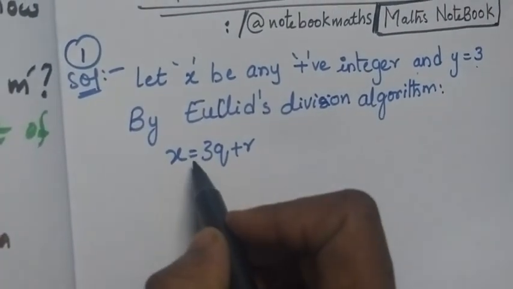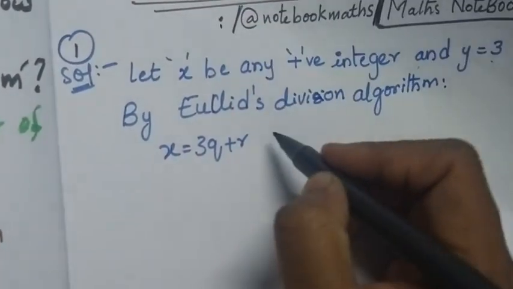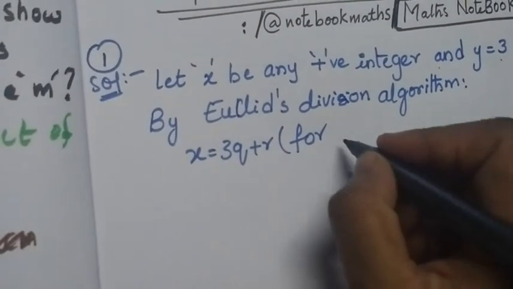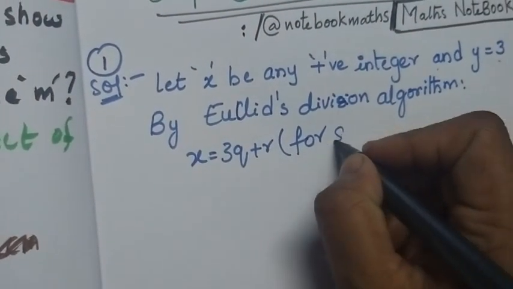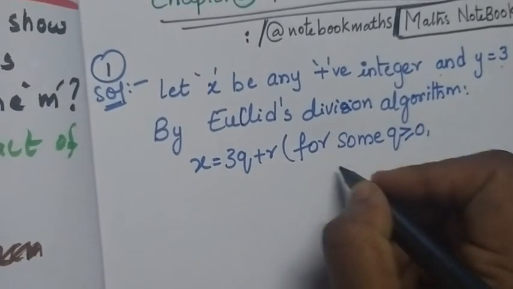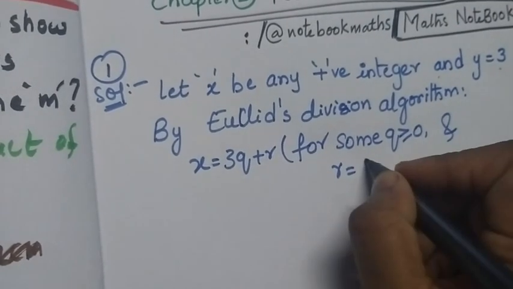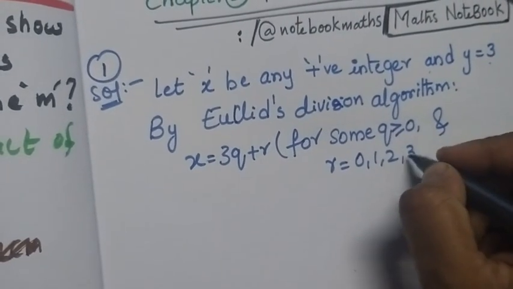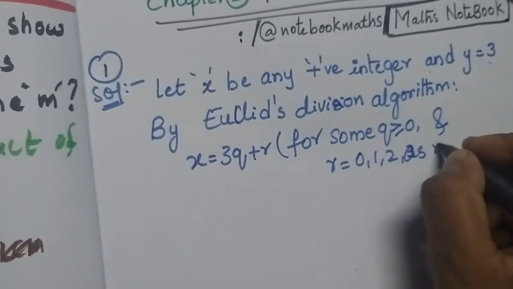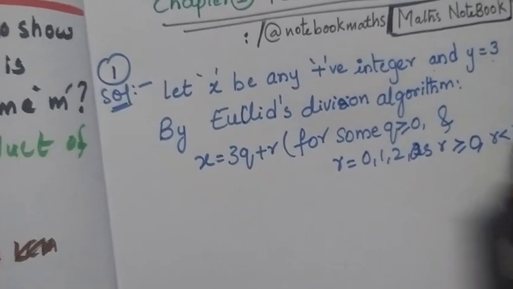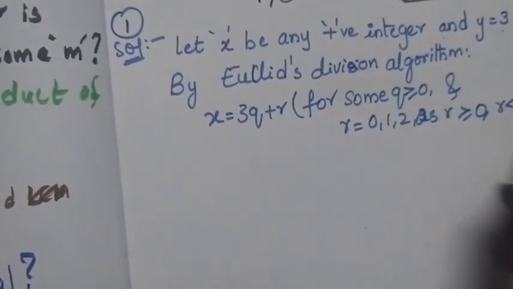What we have written here? x equals 3q plus r, for some q greater than or equal to 0, and r equals 0, 1, 2, and so on, as r is greater than or equal to 0 and r is less than 3, because y is equal to 3, so we have to take r less than 3.